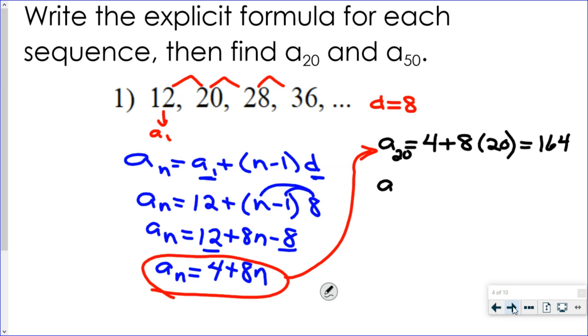Then a sub 50 is the same thing. Instead of the 20, you put a 50 in your calculator and you get 404. Try that in your calculator. So that means if that sequence kept going, the 20th term would be 164 and the 50th term is 404.